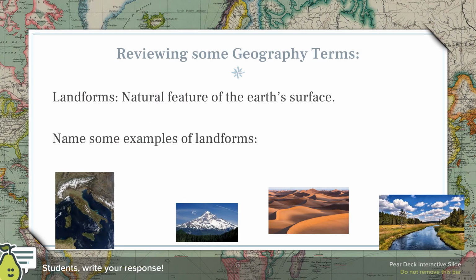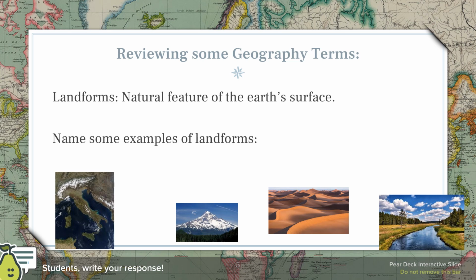A couple other things to think about with geography are landforms, and these are natural features of the Earth's surface. If you want to pause the video at this time and go ahead and guess at what the landforms are, you can do that at this point. To continue on, I'm just going to name the landforms here just so you can check whether your answers were correct or not.